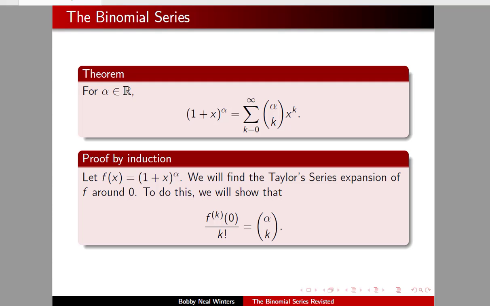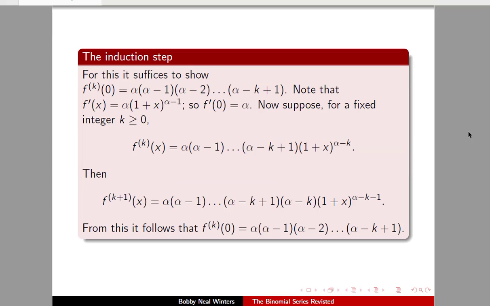To do this, we will show that the kth derivative of f evaluated at 0 divided by k factorial is the same as alpha choose k. For this, it suffices to show that the kth derivative of f evaluated at 0 is equal to alpha times (alpha minus 1), etc., all the way to times (alpha minus k plus 1).